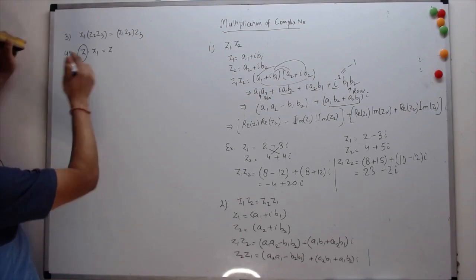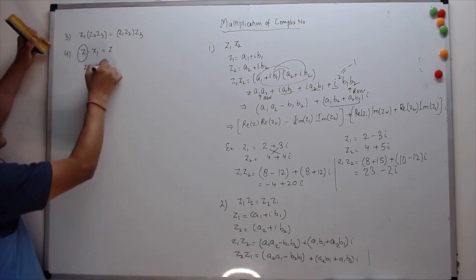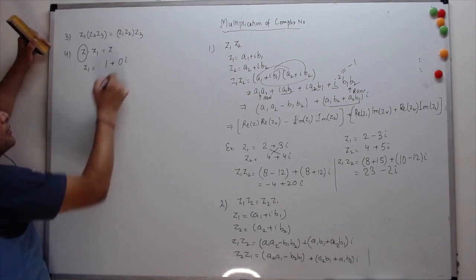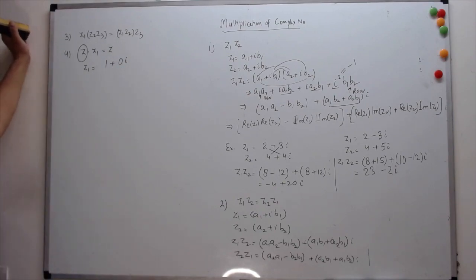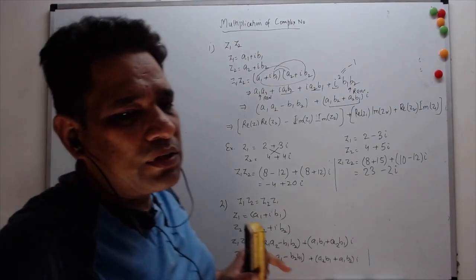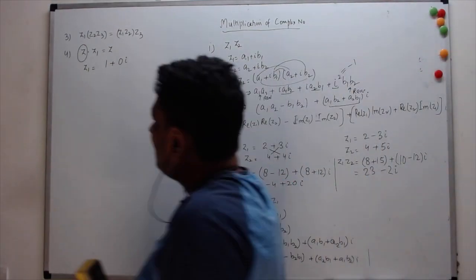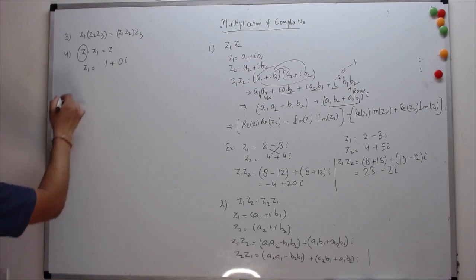You can tell z1 comes out to be 1 plus 0 times I, so 1 is the multiplicative identity even in this case. That is, when you have a 0 as an imaginary value, that means it's the real number 1. And you can even prove this, right?